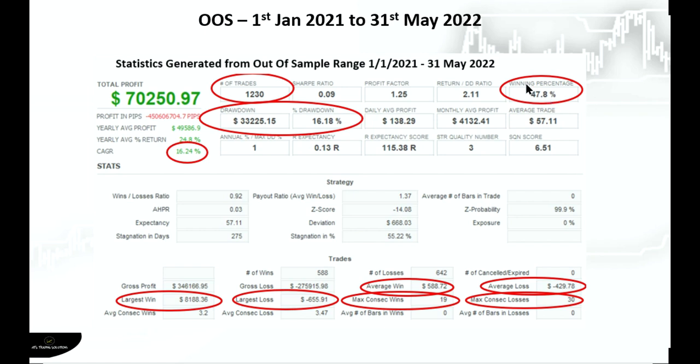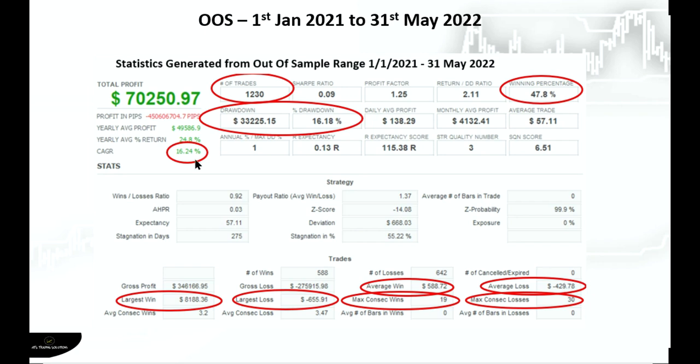We see that the win percentage is similar at 47.8% winning trades. The average win is larger than the average loss. The largest win is 12 times the size of the largest loss and 18 times larger than the average loss.